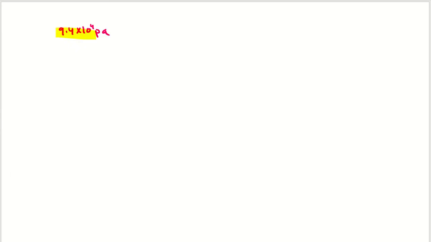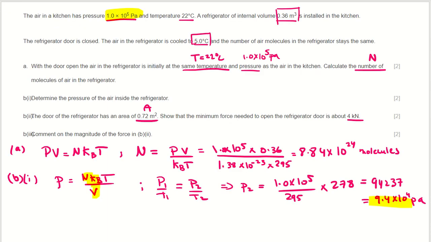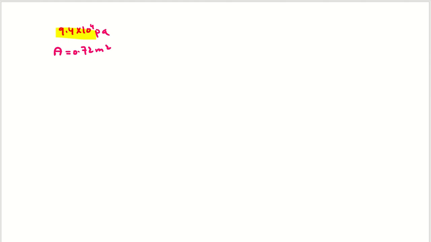So he said that the area is 0.72 meters squared. And he said that the atmospheric pressure, which is outside, is, so this is the P in, this is the P out. And he's asking for the force in order to open the fridge.